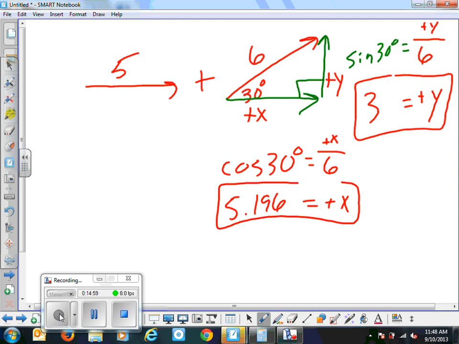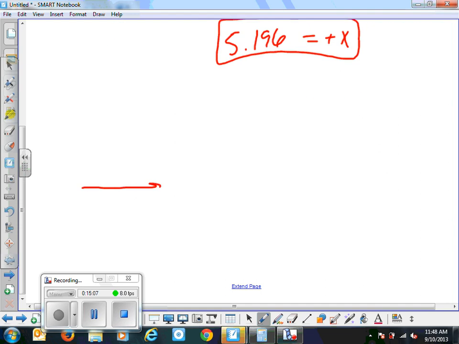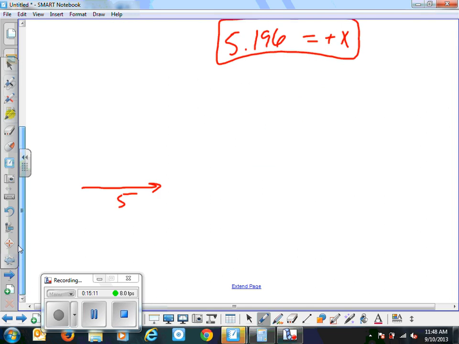Okay, so now you take all of these numbers together as one. So you have a new triangle that's 5 and 3 and 5.196. And then finally, this is our resultant.